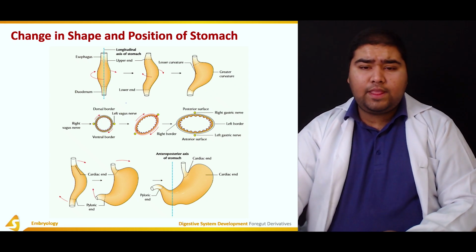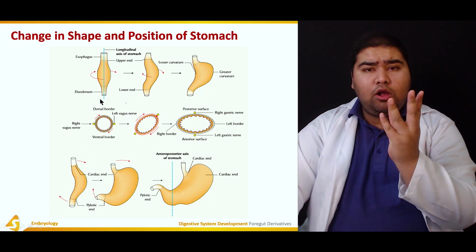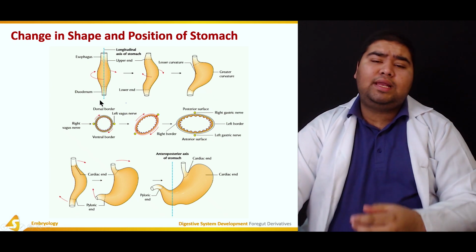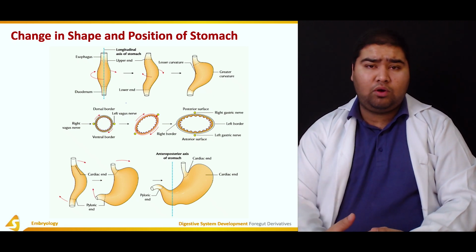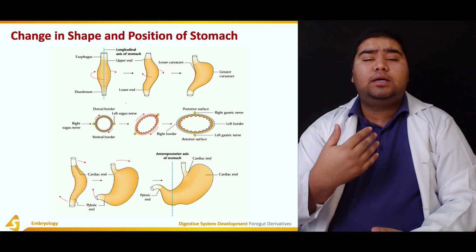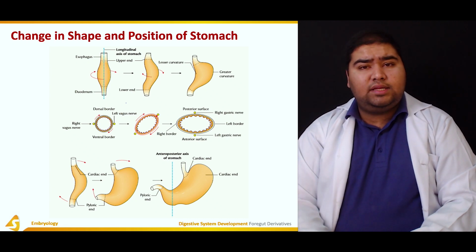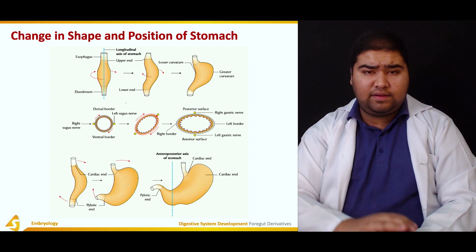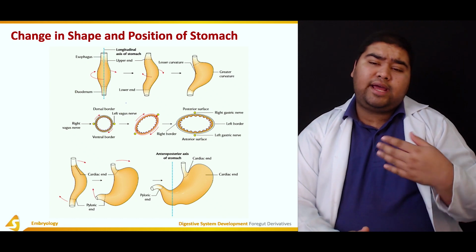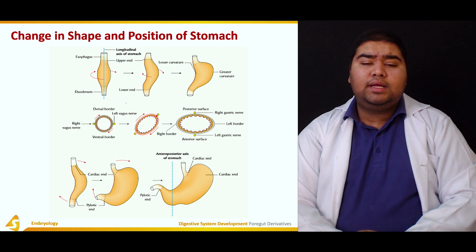So this is the longitudinal axis of the stomach. It causes spinning of the stomach around the longitudinal axis, as a result of which the left vagus nerve comes to lie on the anterior surface, and the right vagus nerve comes to lie on the posterior surface. So now the left vagus nerve forms a plexus on the anterior surface of the stomach, and the right vagus nerve forms the plexus on the posterior surface of the stomach.